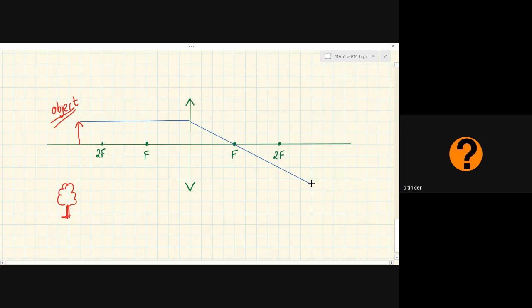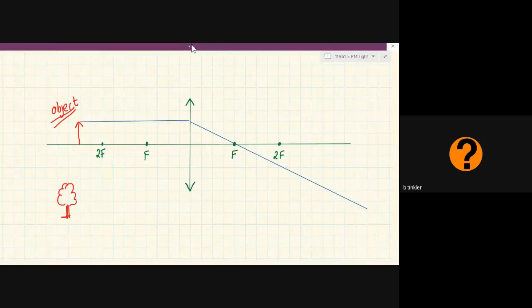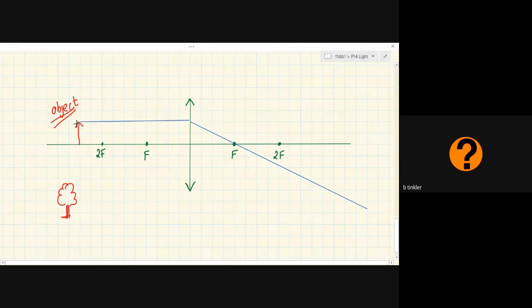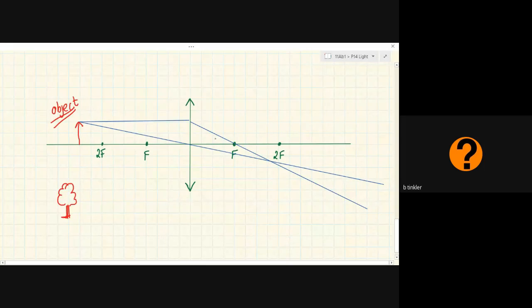We continue that line diagonally through the focal point. Yours will join up nicely here. Second line from the top of the object, diagonally through the center here. Now those two lines are sufficient to give us where the image forms. We could draw a third line that would go through this focal point.